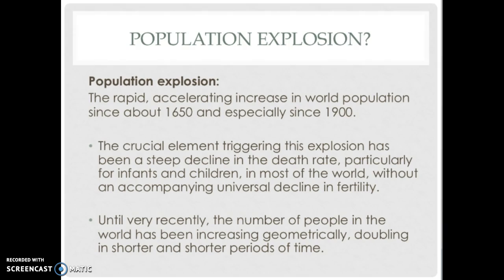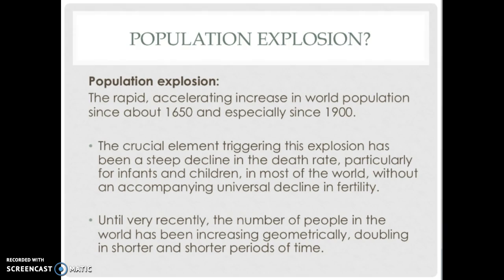Demographers and population geographers are able to track this through time based on historical records. In most of the world this has come with an accompanying universal decline in fertility as well. Many areas have dropped in the number of births per woman.